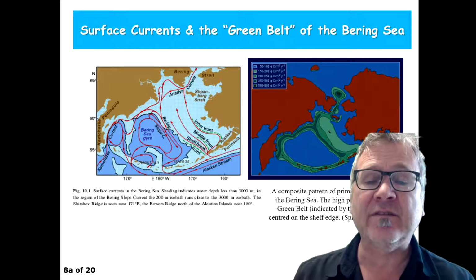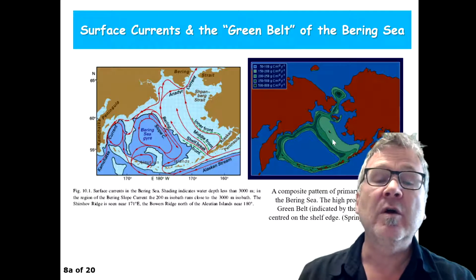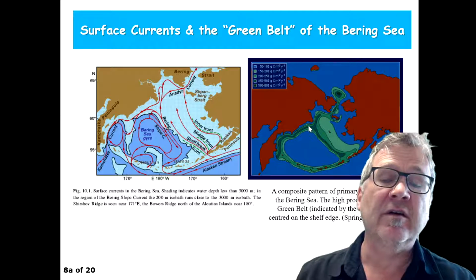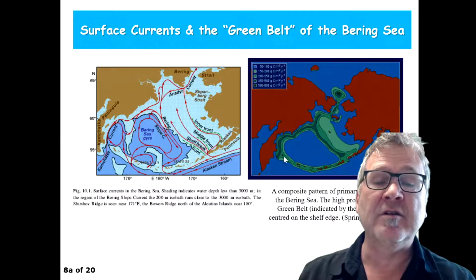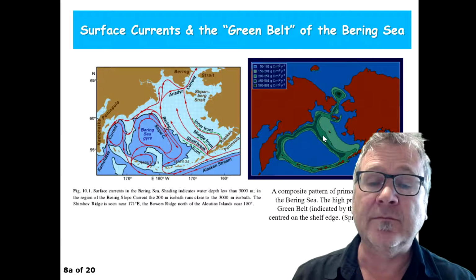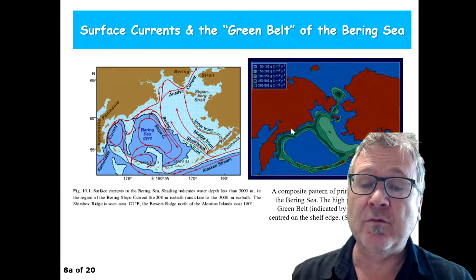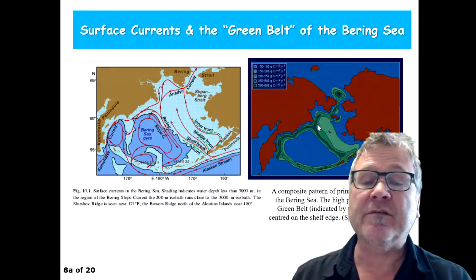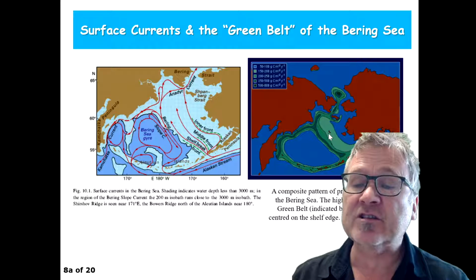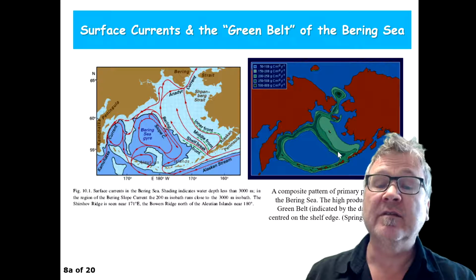And the green region here is around the margin of the deeper regions, along the continental shelf break of that region, where you have that zone of the highest production. And it's the slope current that produces this zone.